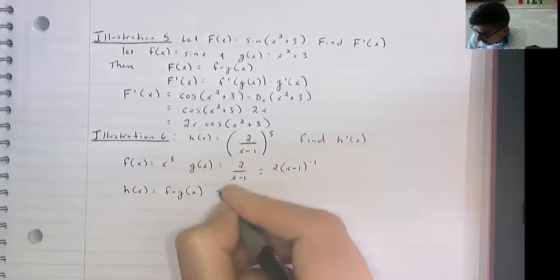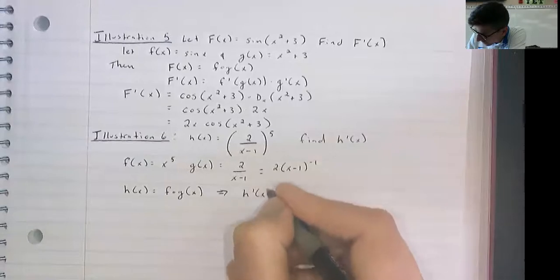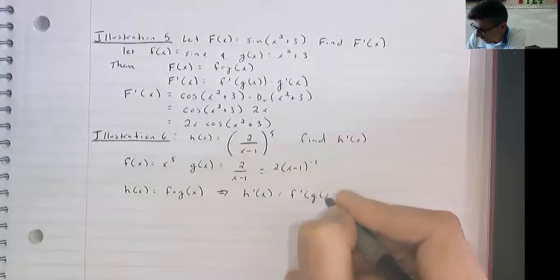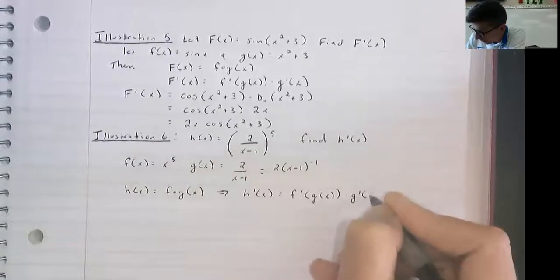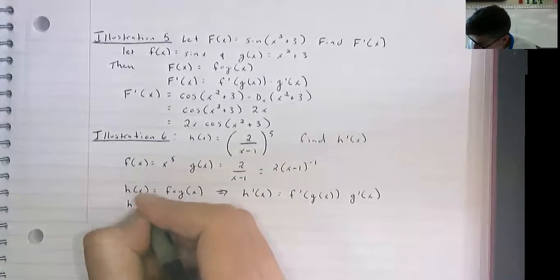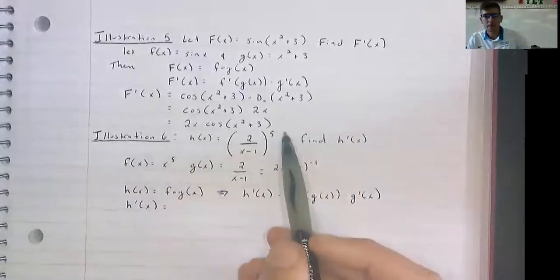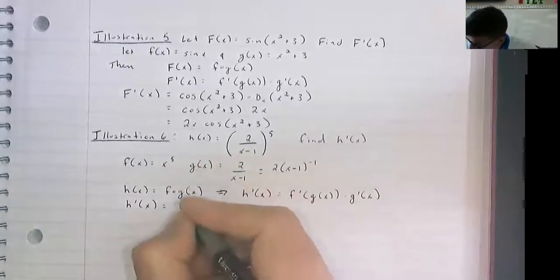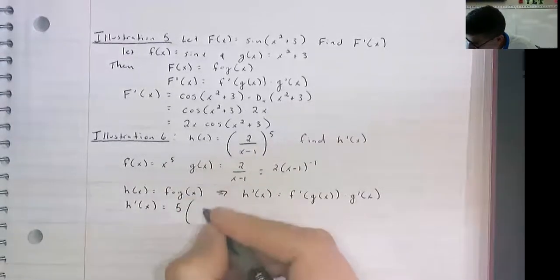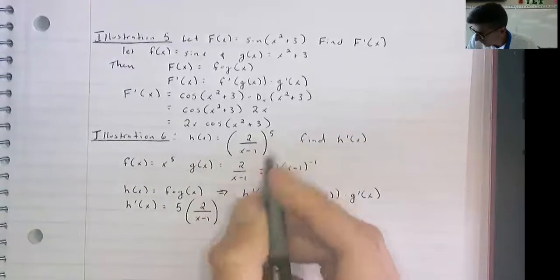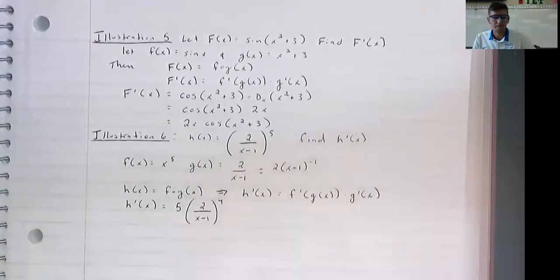And therefore, h prime of x is chain rule territory, f prime of g of x times g prime of x. Cool. So that means that h prime of x, taking the derivative of the outer function, will drop down this 5 times 2 over x minus 1. The 5, we subtract 1 to get to the 4th.